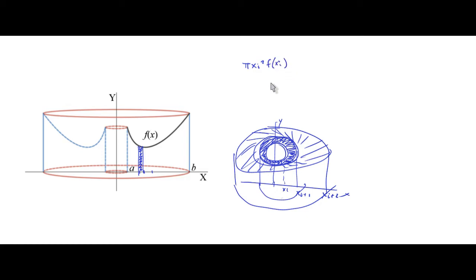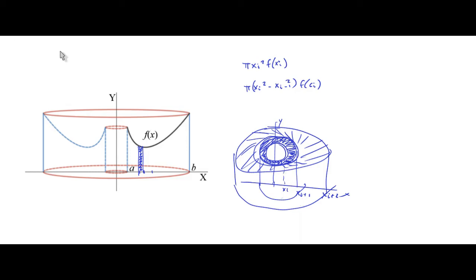So the volume of this hollow cylinder is given by this formula, pi times xi squared minus xi minus 1 squared, times f at ci. So you're subtracting the volume of the outer cylinder, you're subtracting the volume of the smaller cylinder.